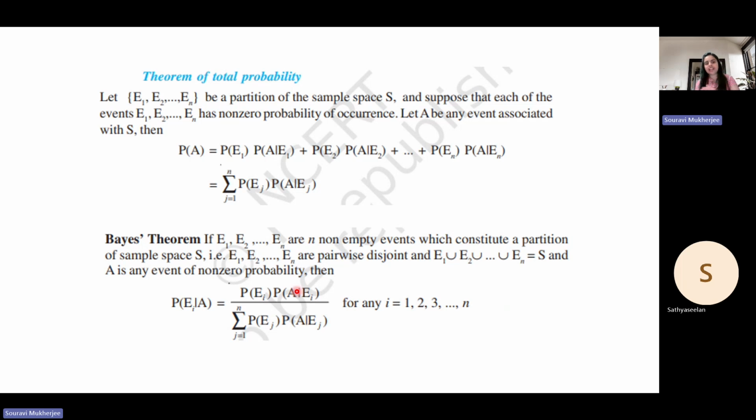And then dividing by the total probability of occurrence of A, P(A).